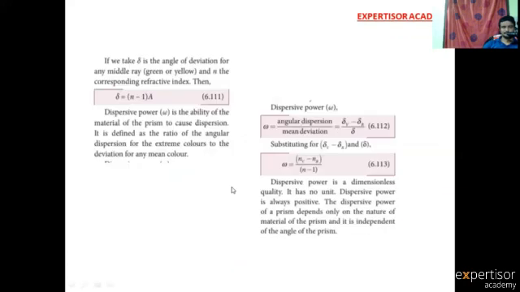Next, dispersive power. Let's verify this dispersive power step by step.